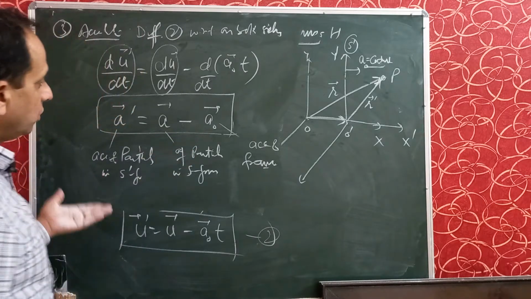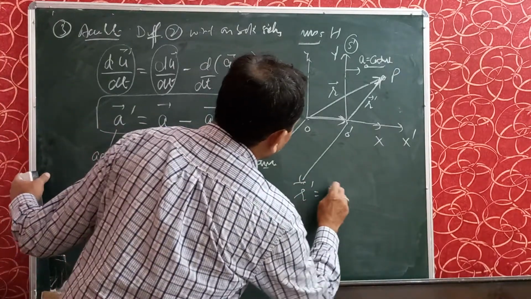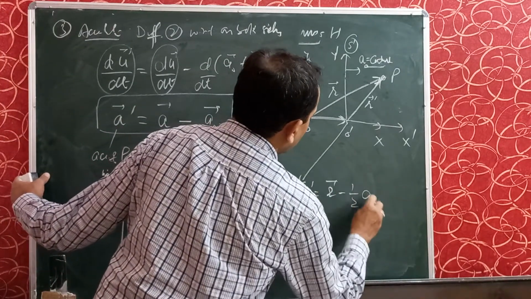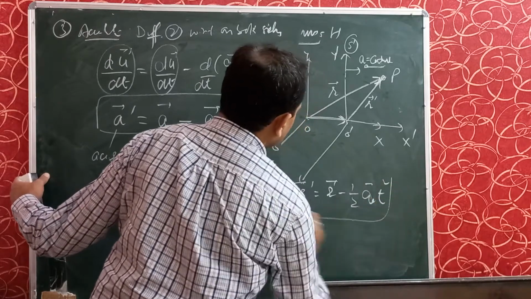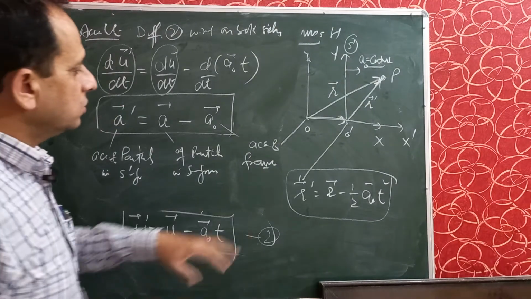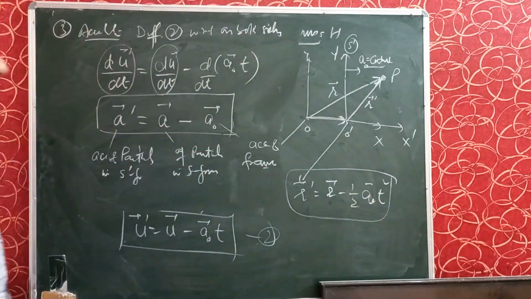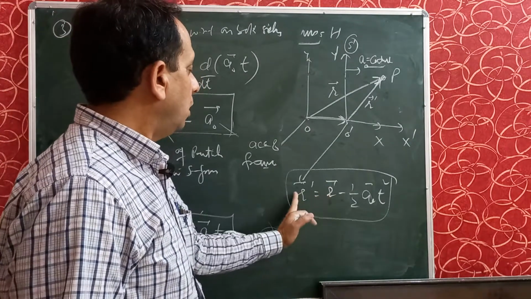So in this case, r dash is equal to r minus half a naught t square, and we have proved these three equations. In all equations, r dash is not equal to r because some term is subtracted from r.